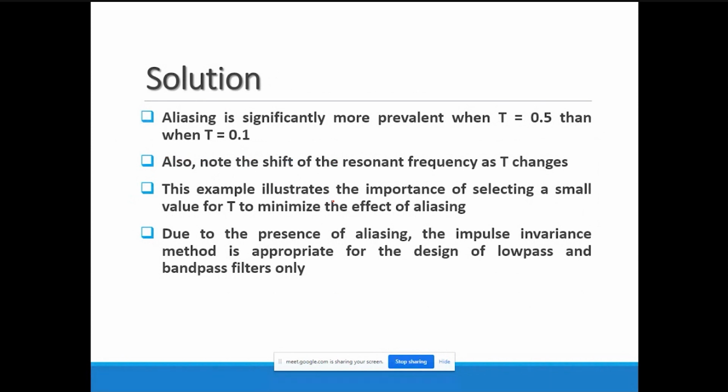Due to the presence of aliasing, the impulse invariance method is suitable only for low pass and band pass filters.